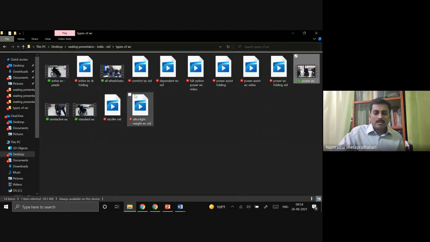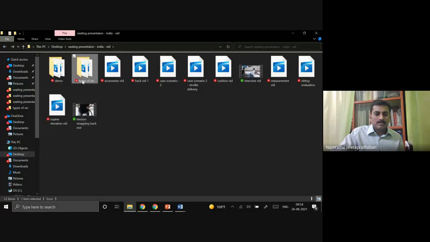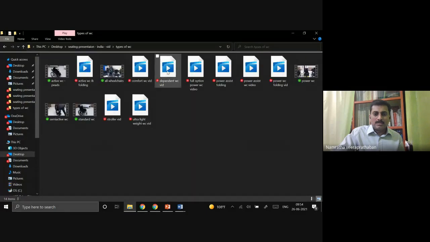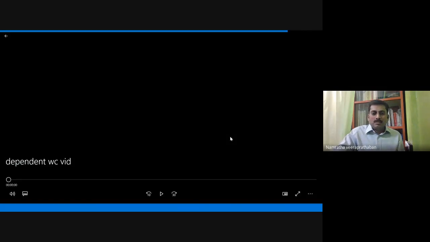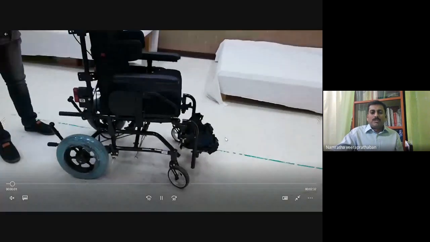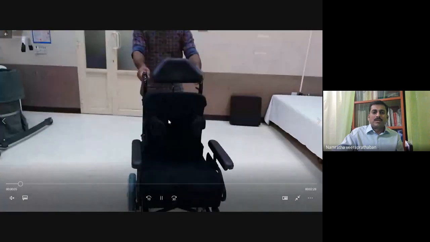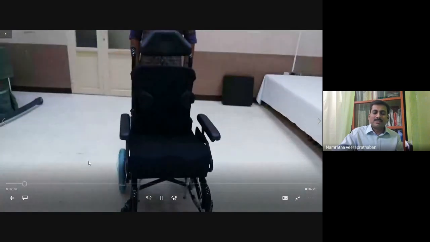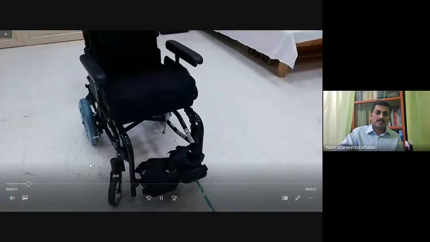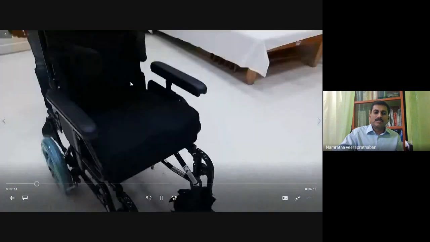Okay, I have a dependent wheelchair now. This is from the dependent wheelchair category. When you say dependent wheelchair, there will be a lot of accessories in it because the patient is dependent in wheelchair mobility. You can see the rear wheel, it's a small rear wheel, the casters, and the seating system.